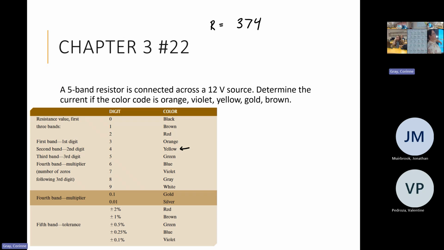This is it trying to explain to you what's going on with the bands. This is the 4th band multiplier. So in this case, we have gold. So we're going to have a 0.1. And then we have a 5th band, which is going to be our tolerance. So we're going to be within plus or minus, in this case, brown, 1%.